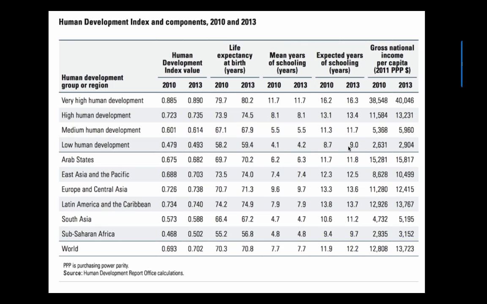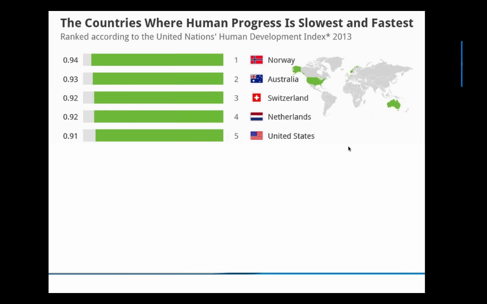Each of these three measures in the original HDI, created by the great economist Amartya Sen, amongst others, each of these three measures has an equal 33% weighting. So the HDI is a composite three-way measure of basic progress in human development.